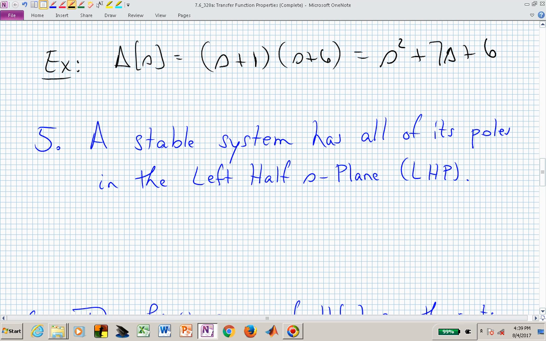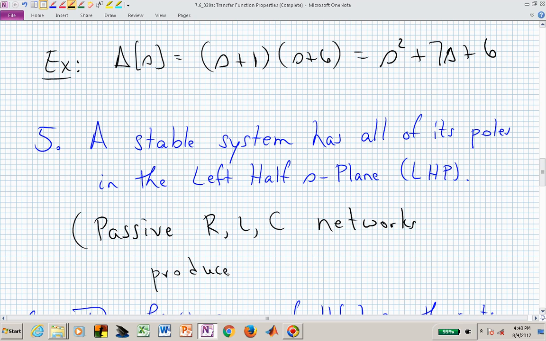And in our particular case, our circuits that are passive, meaning we don't have any op-amps in those, are RLC networks that naturally will be producing stable transfer functions, or transfer functions that have all of their poles in the left half plane.